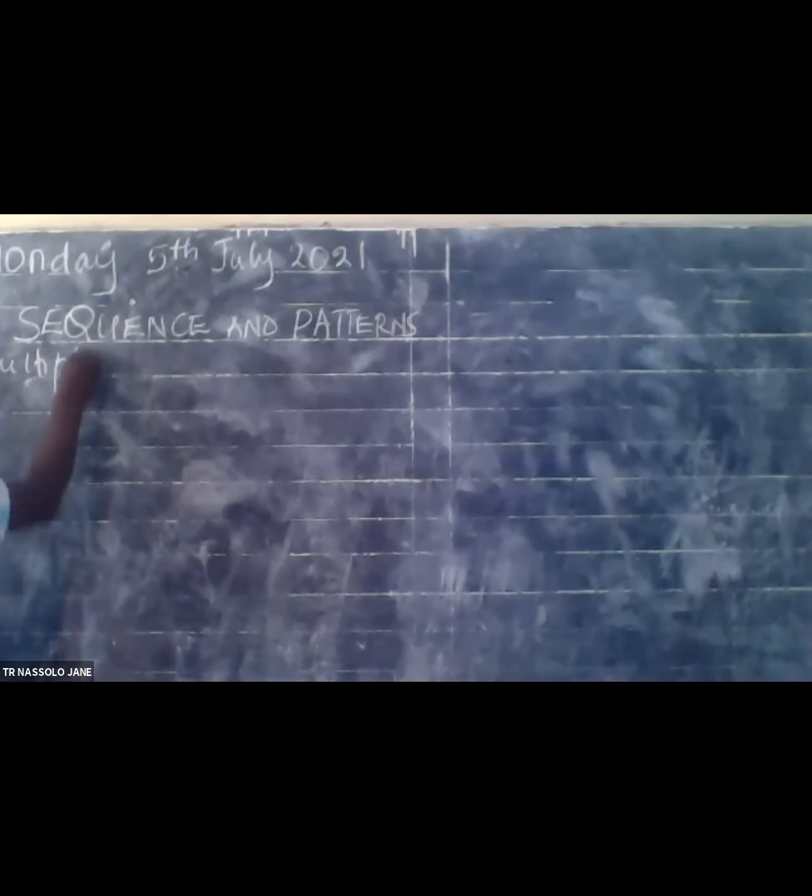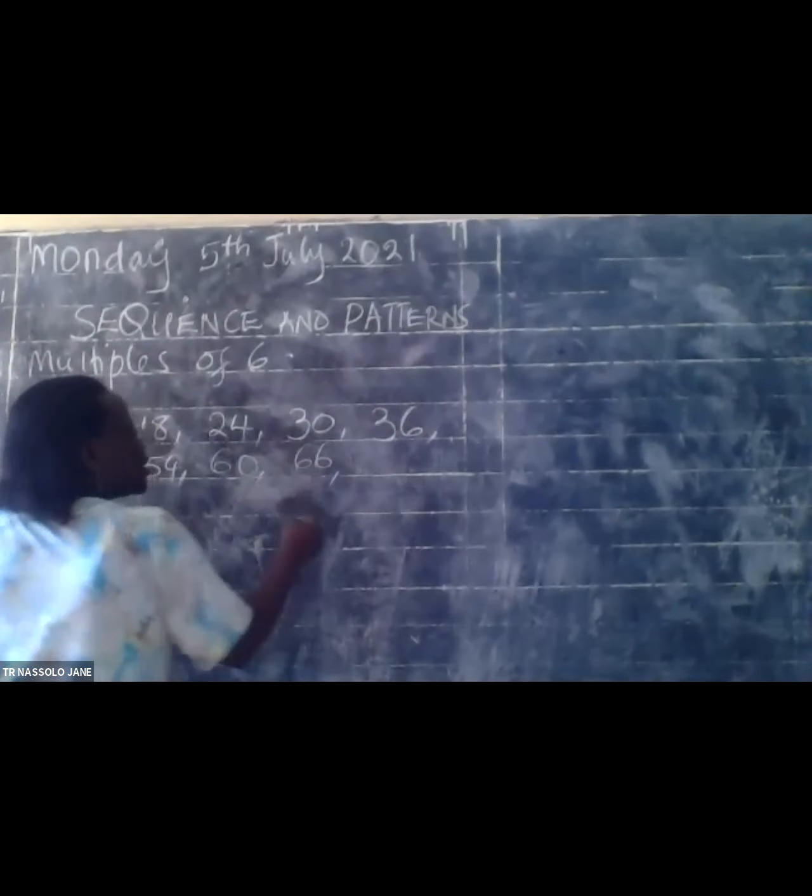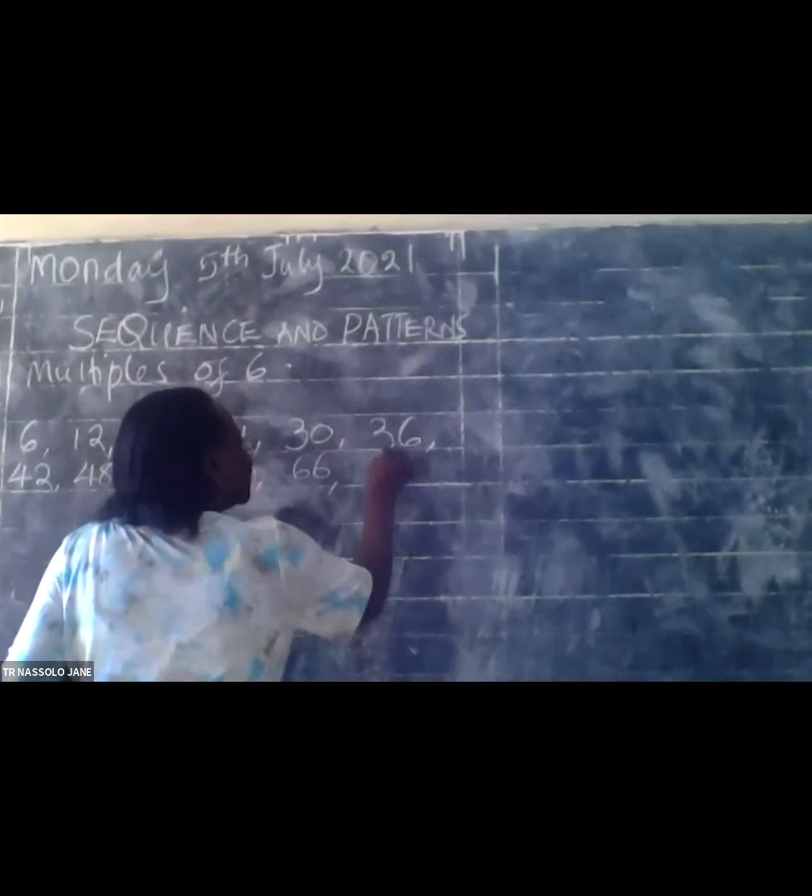The first one: 6, 12, 18, 24, 30, 36, 42, 48, 54, 60, 66, 72, 78, 84, 90, 96.